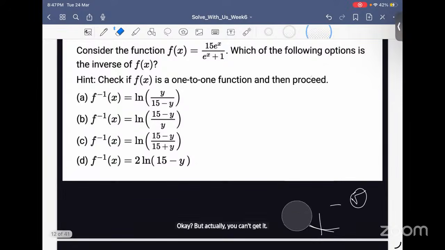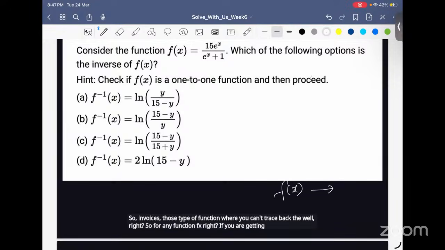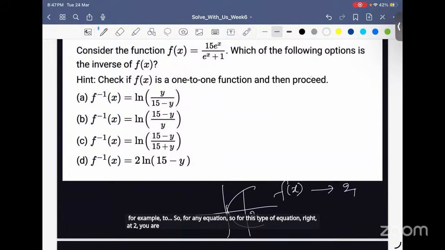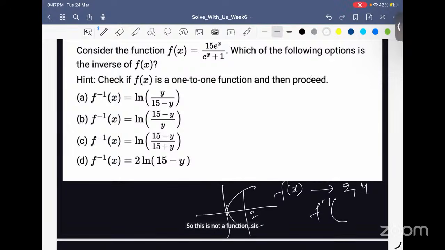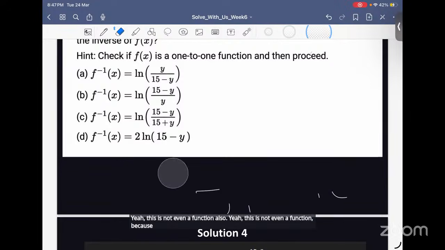Inverse is for those types of functions where you can trace back the value, right? For any function f(x), if you are getting some value, let's say 2, then for this type of equation at 2 you are getting two values, so 2 and 4. So this is not even a function, because at f(x) you are getting two values, right?